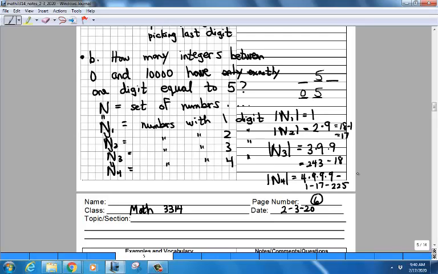Why do you say that we have to pick the position for the 5 first? Why didn't we just pick the first digit first, like with number 4? Let's think about that.